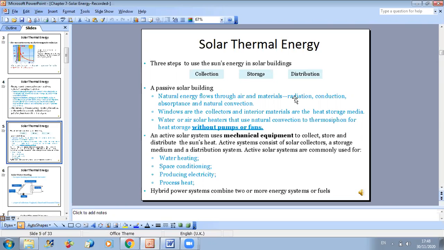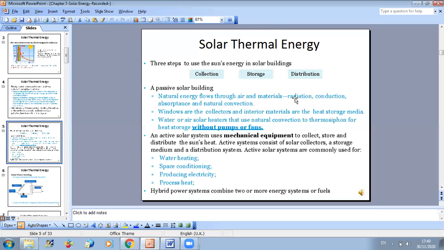Now, in general, this can work, but sometimes, if we have to distribute over very long distances, we can use an active solar system. When we say active, this means that I need to implement mechanical equipment that will help me in the distribution of my energy, like a pump.